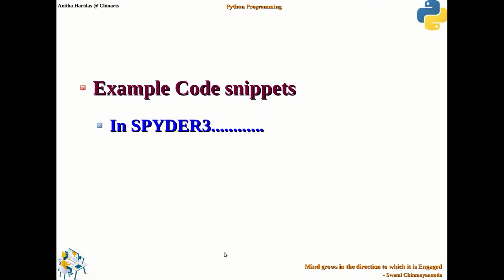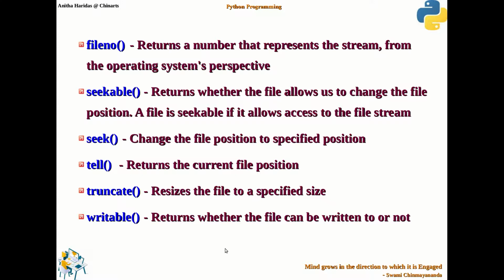Let us go to the example code snippets of all these different methods, like fileno. Fileno returns an integer which is the file descriptor of the file. Whenever an operating system opens the file, it assigns an integer number, a file descriptor, to that particular file, so that will be returned here. Seekable will say whether the file allows you to change the file position for reading or writing.